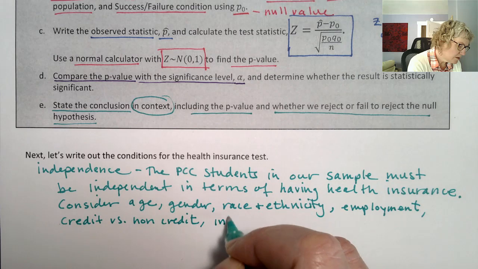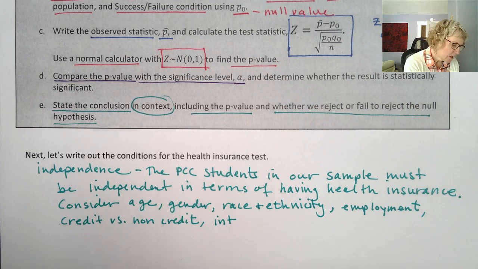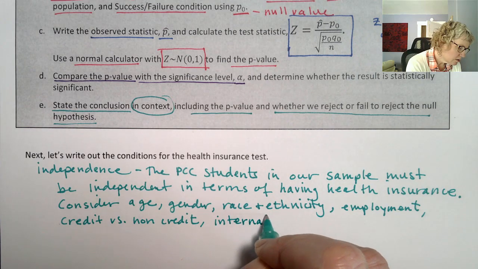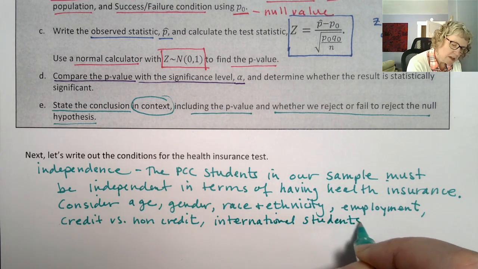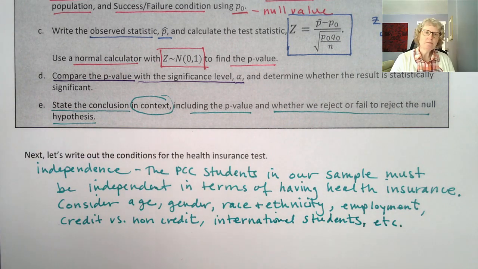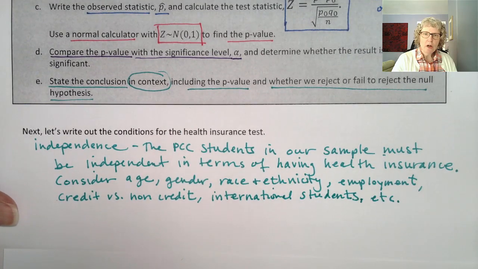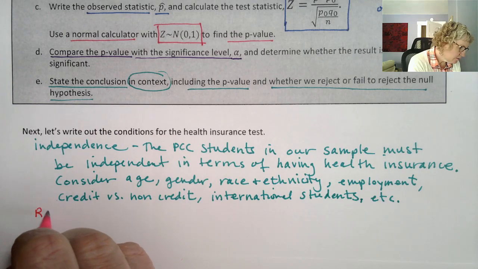Maybe international students, and you might think of more or different ones. That's totally fine. I'm just looking for a few things that you would look at to consider that might affect that variable, okay? You could always list more as well. I'll say etc. Okay, so essentially we want to get a representative sample and an unbiased sample, right?